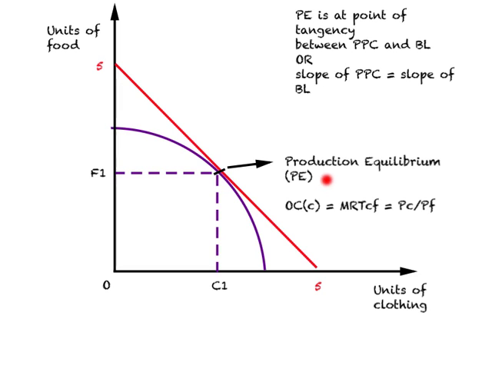And we know opportunity cost of clothing is another term for MRTCF. So these need to be equal. So this will be the production equilibrium point, and you drop this point to the horizontal axis, and what you have determined is the quantity of clothing that will be produced by this country, and that will be OC1.